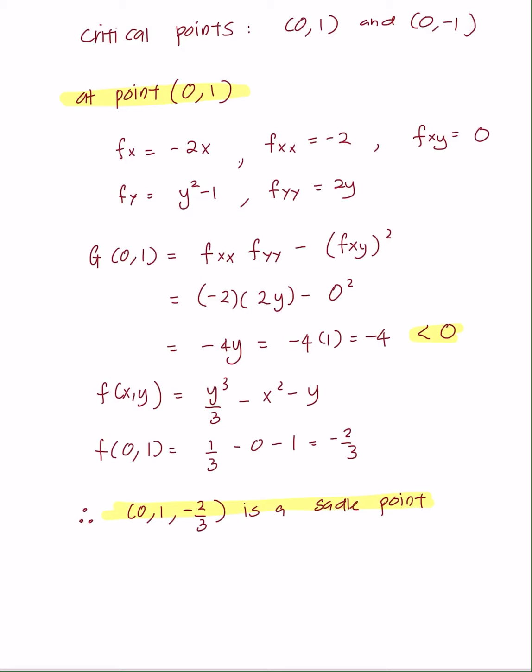Now we want to check the next critical point, which is (0, -1). We need to substitute into G(0, -1), which is fxx times fyy minus fxy squared.